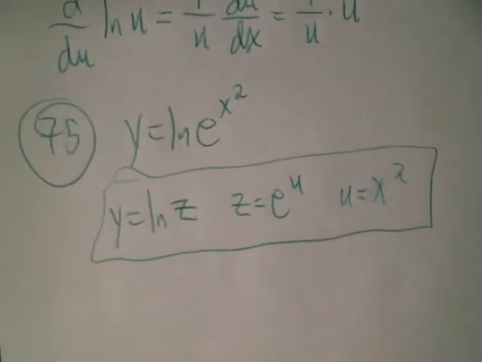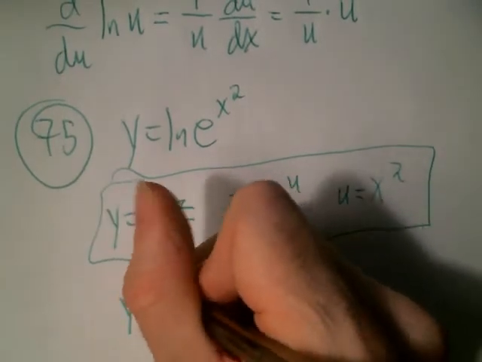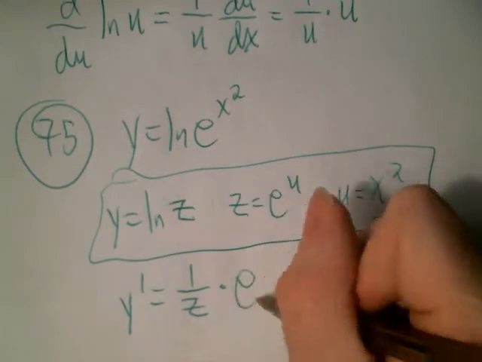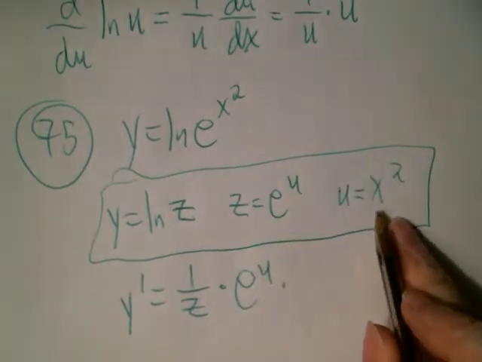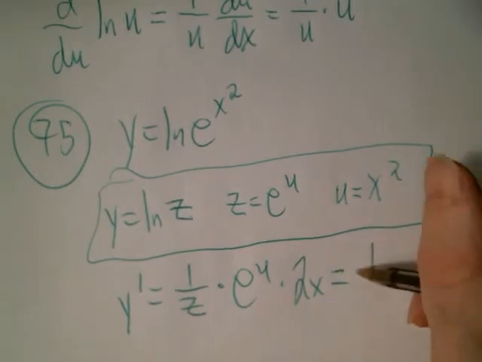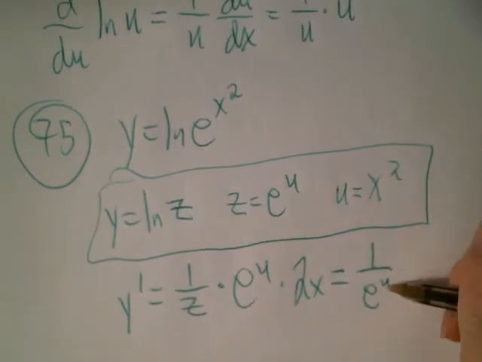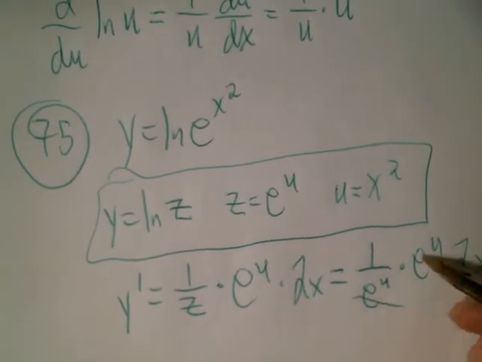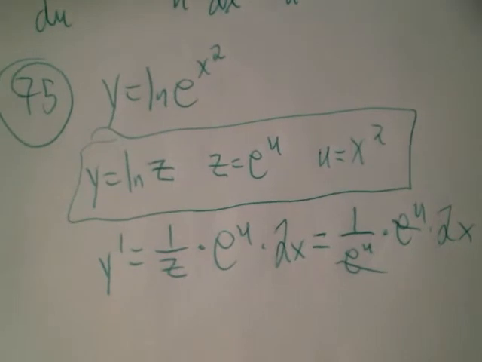Then taking the derivative across the board, y prime is 1 over z times the derivative of z, which is e to the u times the derivative of u, which is 2x. That equals 1 all over e to the u times e to the u times 2x. So these guys cancel out, and we're just left with 2x.